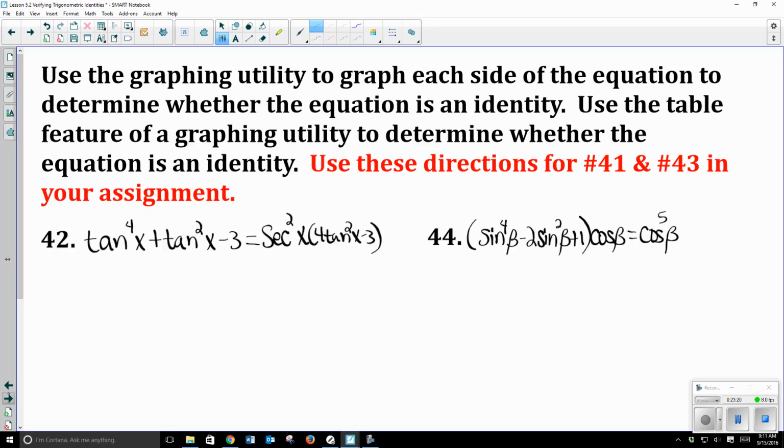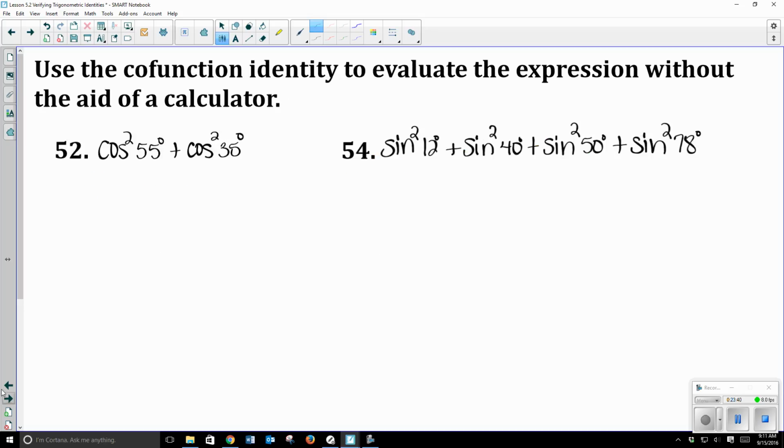If the two graphs are exactly the same, if they overlap, then you know that you have proven the identity through your graphing calculator. So you'll do that on 42 and 44. I will not show that for the sake of time. But if you don't know how to do it, just get with me and I'll show you. On the last two problems here, we're going to use the cofunction identity to evaluate the expression.